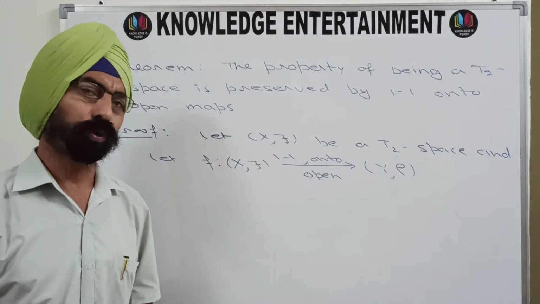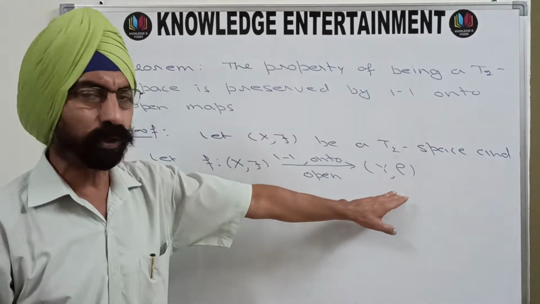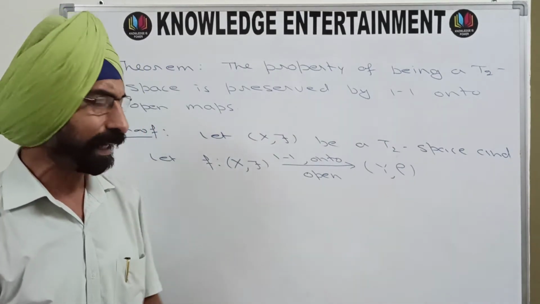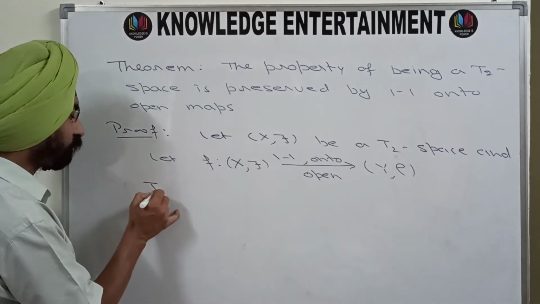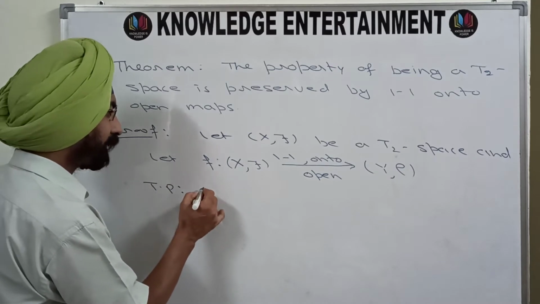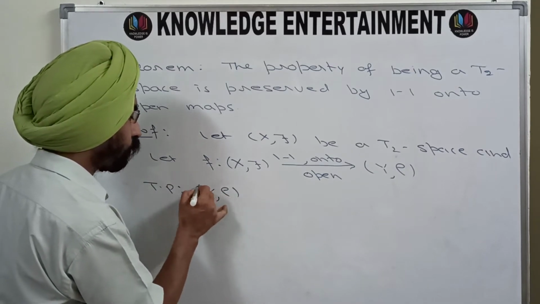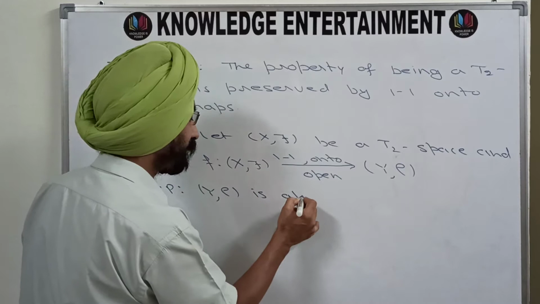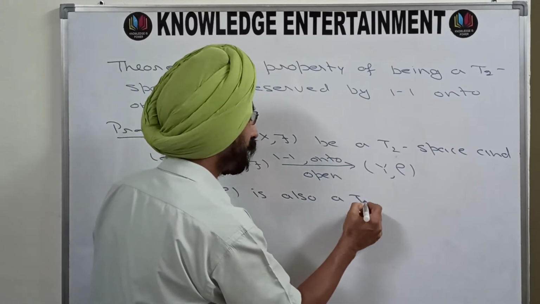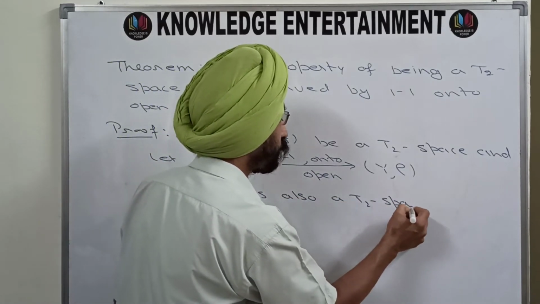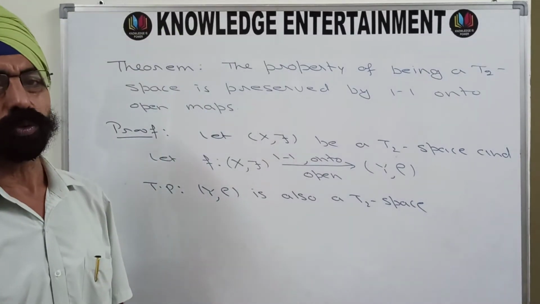What we are to prove is that this Y rho is also a T2 space. So first I will write what to prove: to prove is that Y rho is also a T2 space.